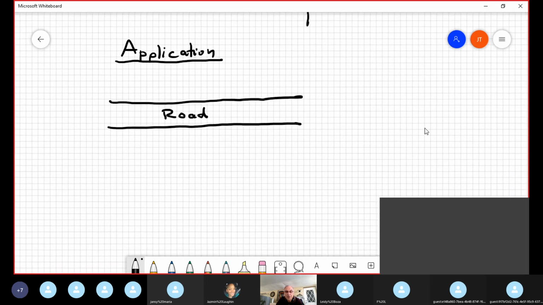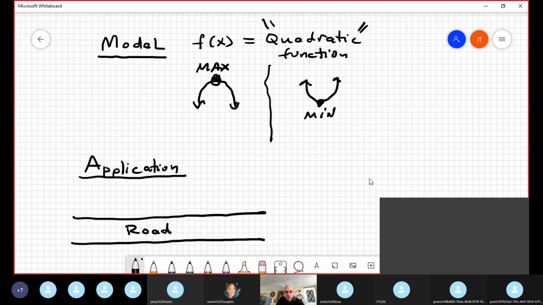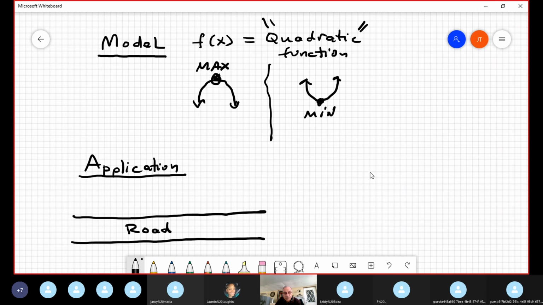Okay, the thing that I explained before is that if I try to apply the quadratic function to a real-life word problem, and when you create a model, the model corresponds with the quadratic function, you can optimize the model or the function at the vertex, depending on whether it is a maximum or a minimum. Let's see one application.